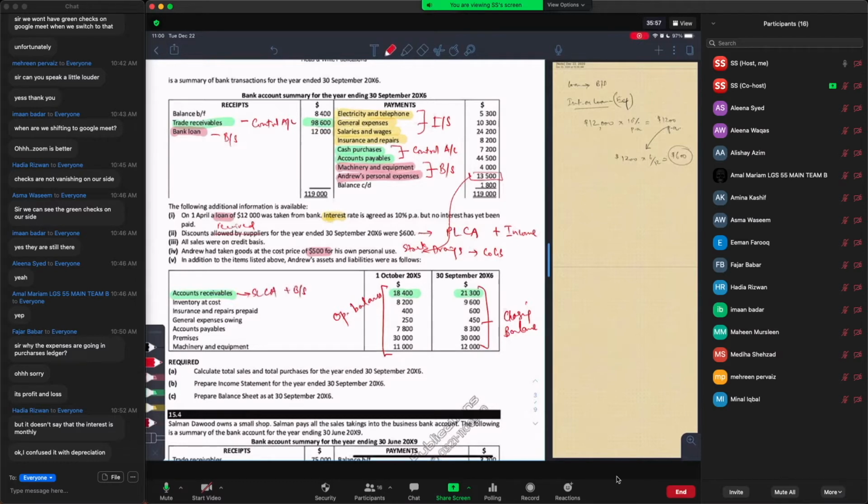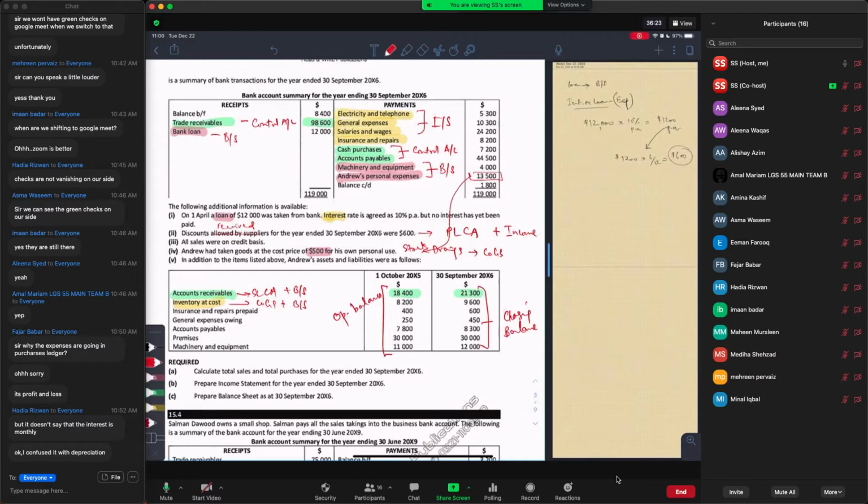Because obviously trade receivables also have to go to the balance sheet. So inventory at cost is going to be your income statement, right? So this is going to be your cost of goods sold plus the balance sheet, because the opening inventory and the closing inventory are going to be used in the cost of goods sold section. And then the closing inventory is also going to go to the balance sheet current assets section, right?